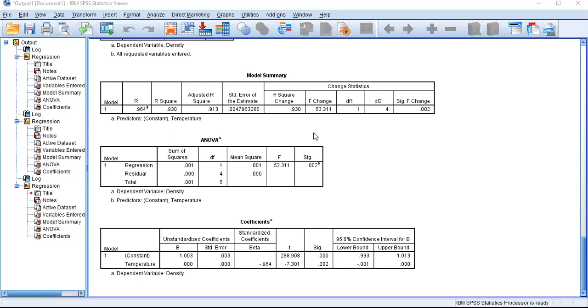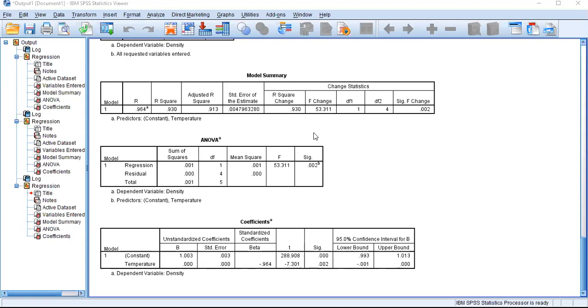Then H1 says beta 1 is not equal to 0. We reject H naught if the p value is less than 0.05. In this case we have got 0.02, which is less than 0.05, so we reject H naught.